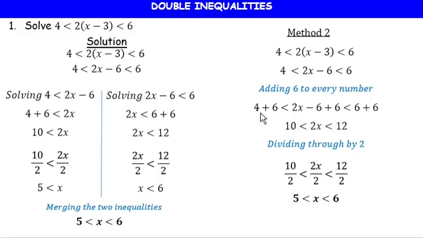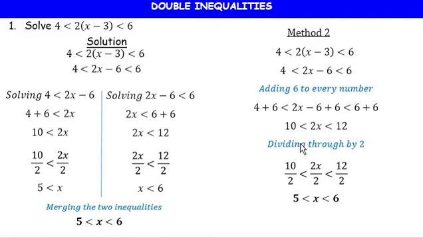So here we are going to have 4 plus 6 giving us 10. The middle section will give us 2x, and then the last section will give us 12. Now we want to make x stand alone. So here it's not supposed to be 2x, it's supposed to be only x. So what do we do? We divide through by the coefficient of x, which is 2.